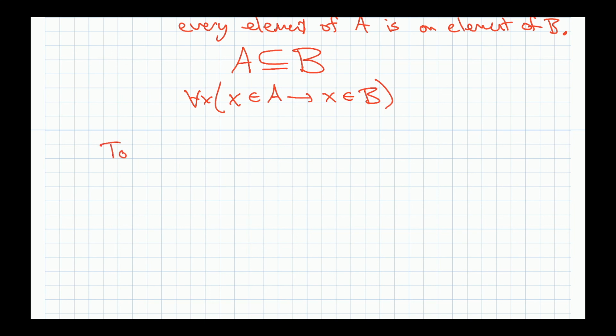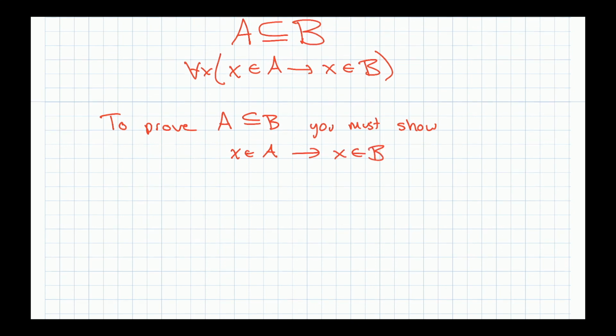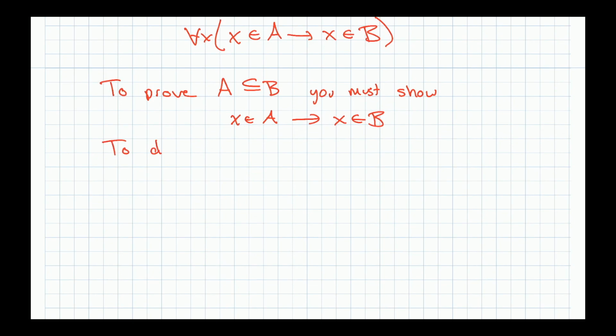To prove A is a subset of B, you must show exactly what that logic statement said: x in A implies x in B. To disprove A is a subset of B, what you need to do is find one counterexample.